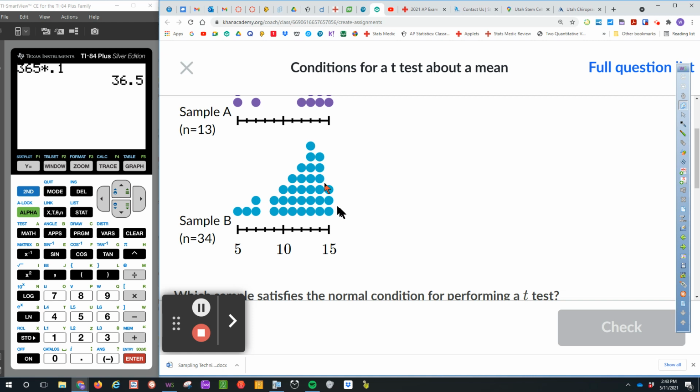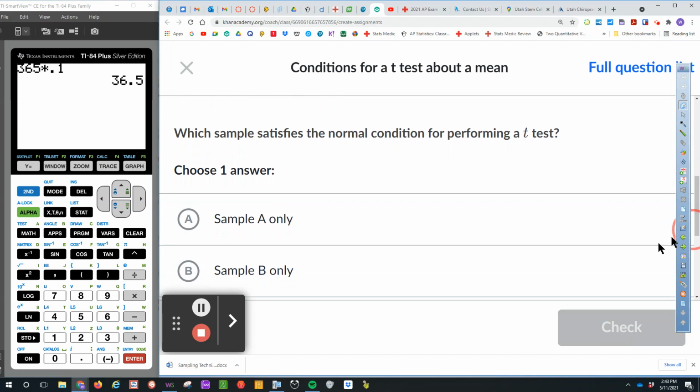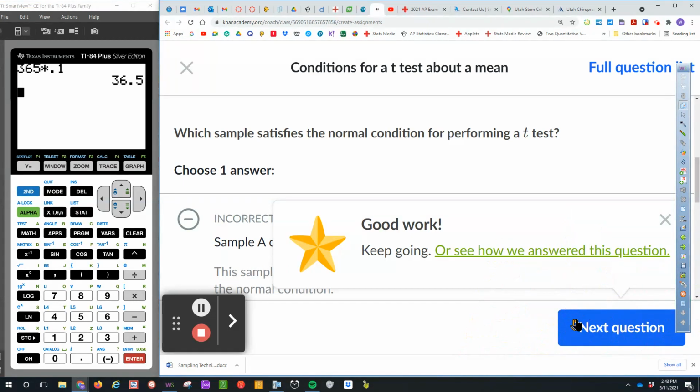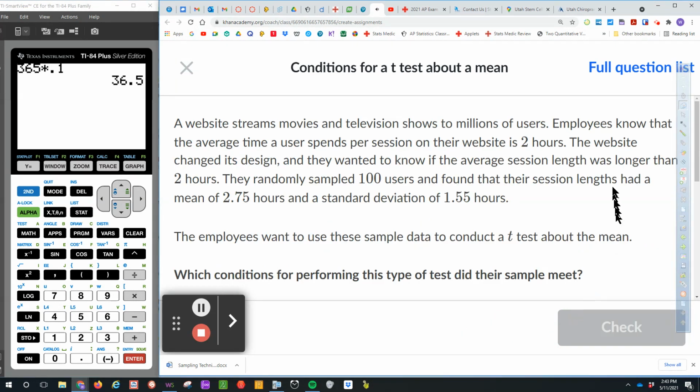And this one is strongly skewed to the left, but n is 34, which is more than 30. So sample B satisfies the normal conditions for performing a t-test. So hopefully this makes sense. And let me know if you have any questions. I can do this quickly.